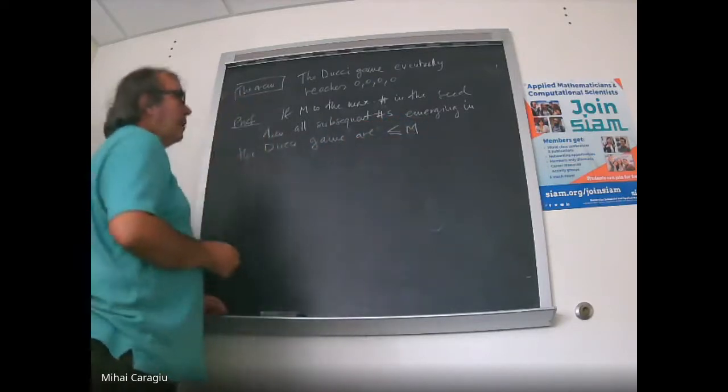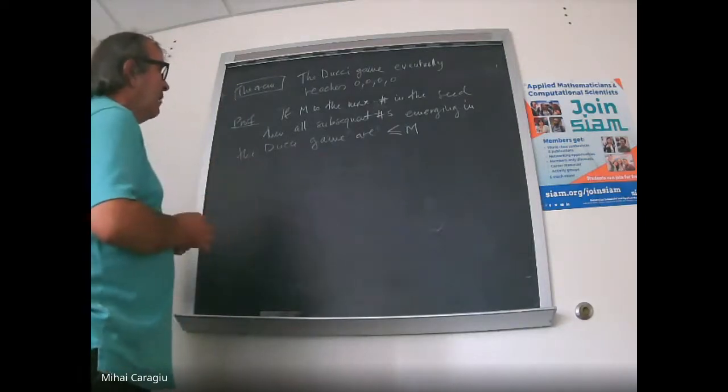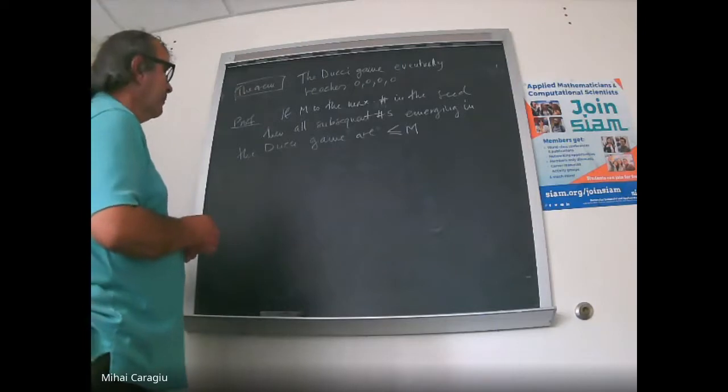So in a sense, this keeps the situation controlled. All the numbers appearing in the Ducci game are less than or equal to n.